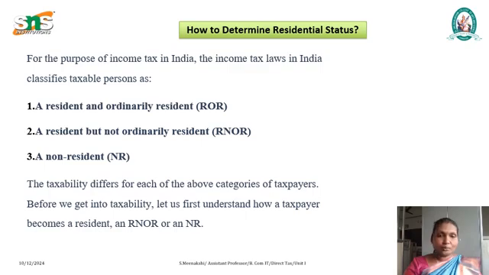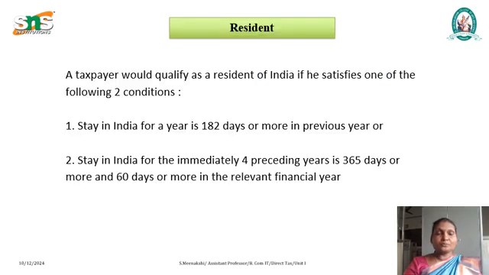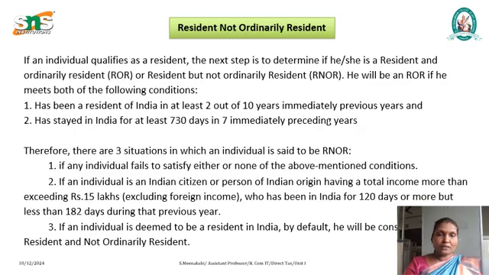Before we get into taxability, let us first understand how a taxpayer becomes a resident, a resident but not ordinary resident, or a non-resident. A resident is a person who stays in India for 182 days or more in the previous year, or stays in India for 365 days or more in the four immediately preceding years and 60 days or more in the relevant financial year.